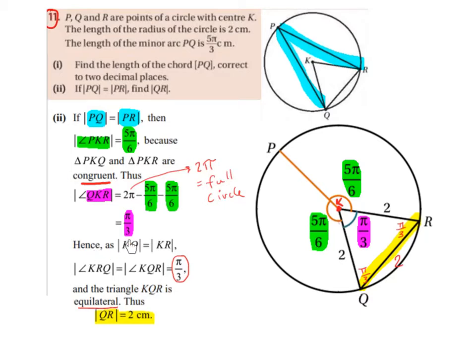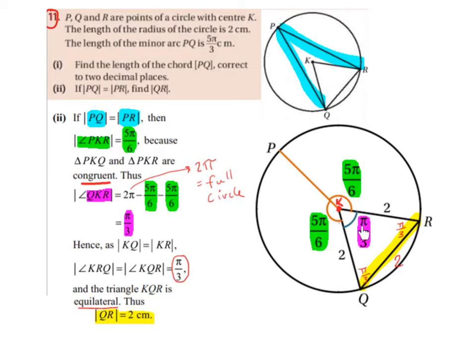Hence, as KQ is equal to KR, because they're both radii of the circle, they're both 2, then the angle KRQ is equal to the angle KQR, and it must be pi over 3.